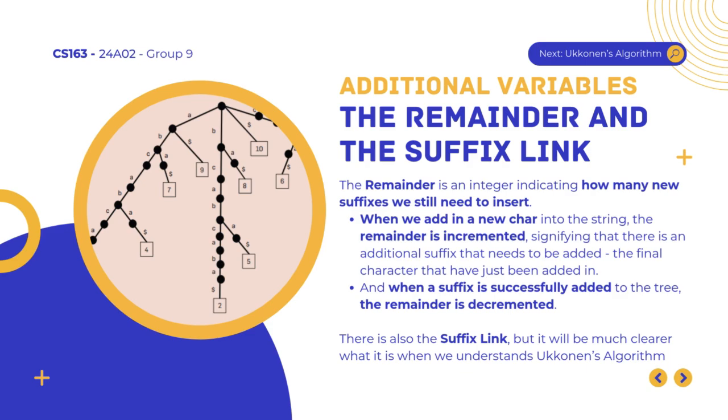Why? Because the final character itself is a new suffix. And when a suffix is successfully added to the tree, the remainder is decremented. There is also the suffix length, but it will be explained a little bit later.